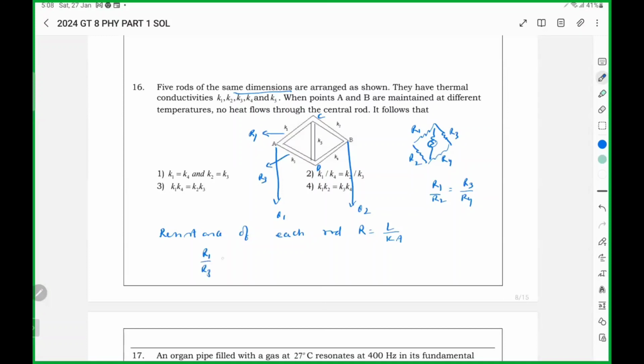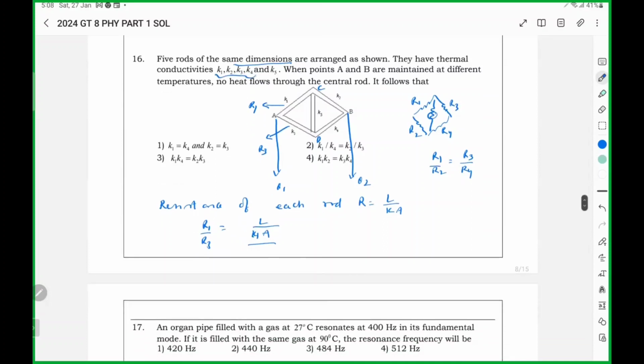R1 by R3: same dimensions he told, that means length and area are the same. Change occurs only in the coefficient of thermal conductivity. That is L by K3A. A gets cancelled, which is K3 by K1.